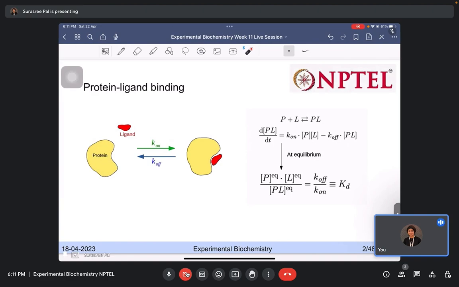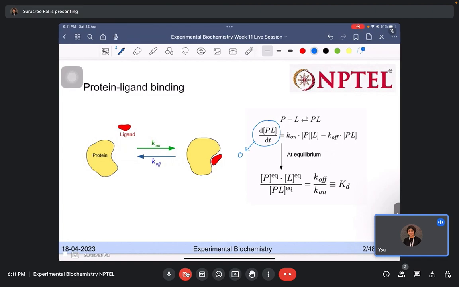And remember that at equilibrium, this rate of change of protein-ligand complex becomes 0. So at equilibrium, this factor becomes 0.